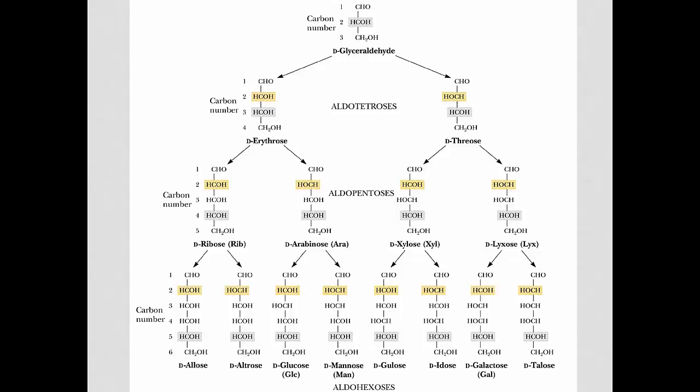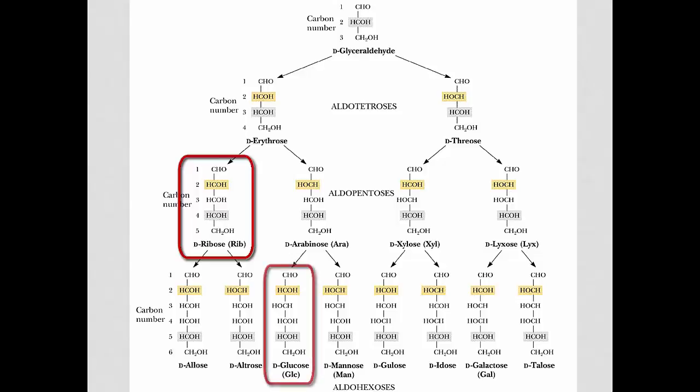Bacteria, however, have taken advantage of this phenomenon by utilizing the L isomers of sugars within their cell walls in order to increase their resistance to the host's natural immune system. Now, while I do not expect you to commit all of these sugars to memory, you should be able to recognize the aldoses ribose, glucose, mannose, and galactose, as these are commonly used in cellular metabolism, and we will surely see these sugars again.